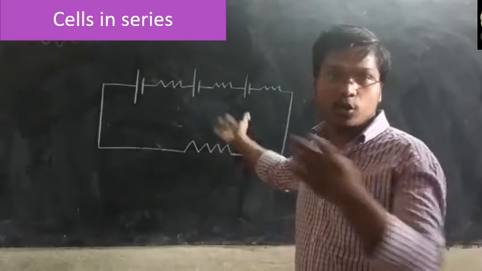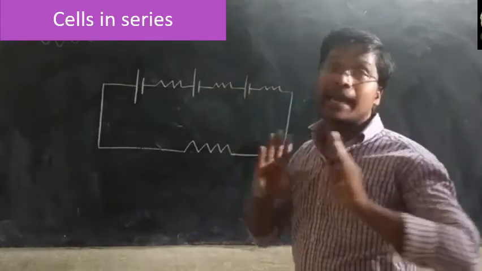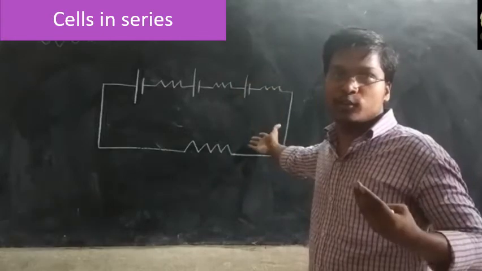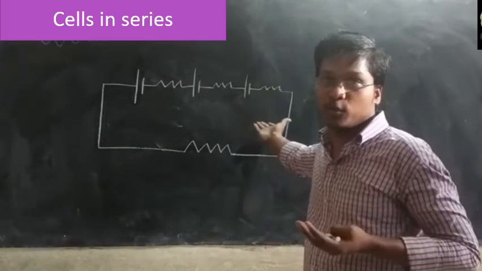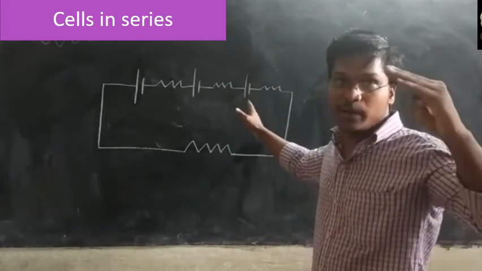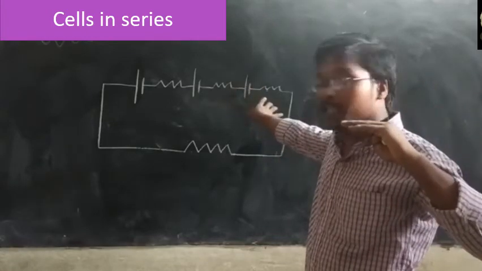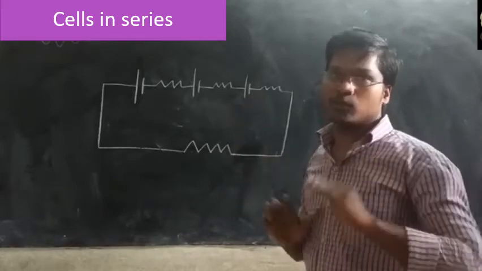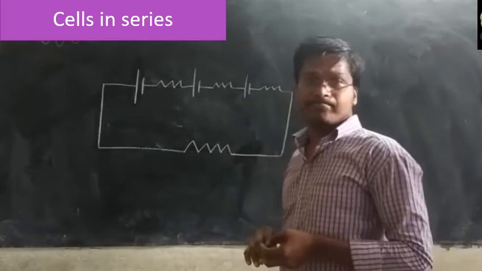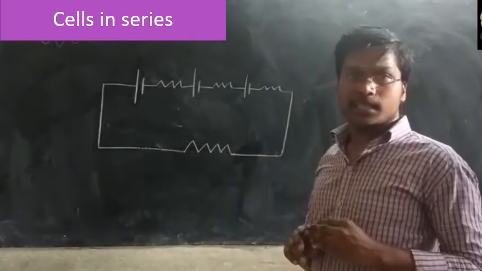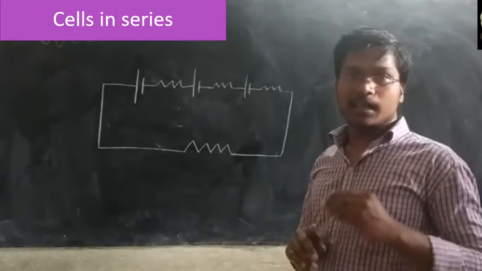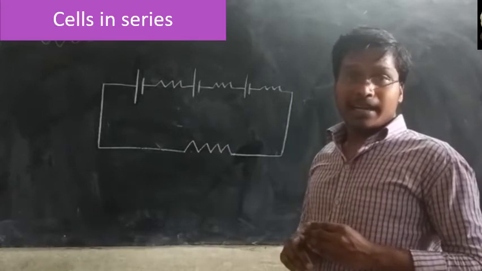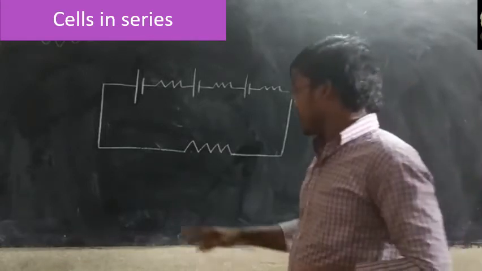Total how many cells are there in the circuit? N, small n. Since the board is not sufficient, just imagine in your mind that instead of these 3 cells, n number of cells are there. These cells are connected in a series format.